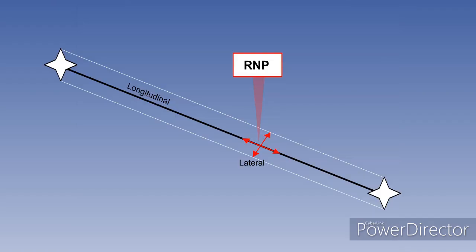A certain standard of accuracy must be met when RNAV is used, and this is called Required Navigational Performance, RNP. If the standard of navigational accuracy is, for example, 1 nautical mile, then this standard has to be met 95% of the flying time in both lateral and longitudinal directions.